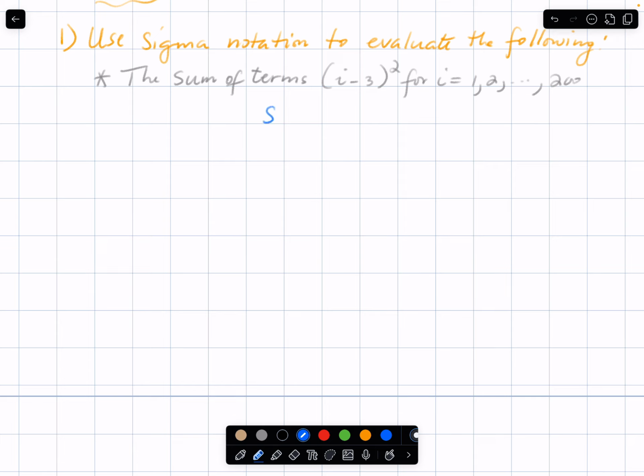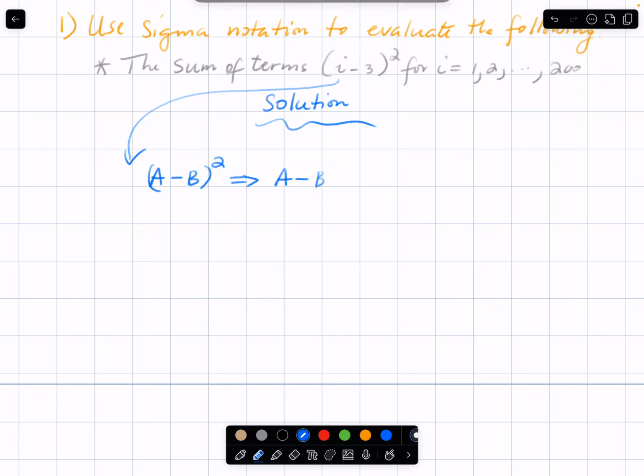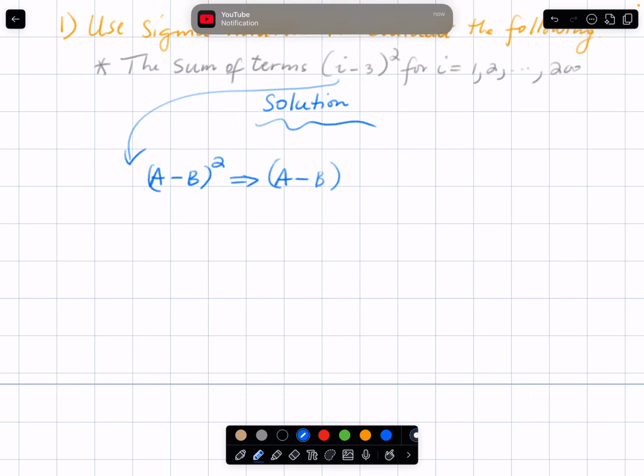So let's say, solution. To do this, if you remember stuff from algebra, you can see that this is almost the same thing as a minus b squared. This can be rewritten as a minus b times a minus b.